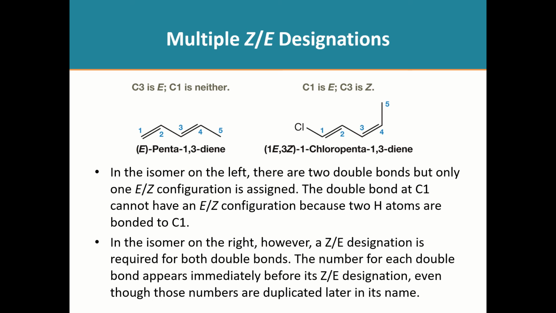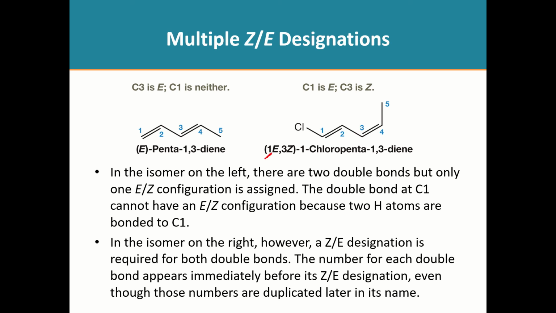But when you look at the molecule on the right, you can see that this double bond can be an E or a Z, and this double bond could be an E or a Z. You have to figure out what it is. And we see that at this carbon, this double bond right here is an E. So in the name, at the beginning, we specify where the alkene is with the number.